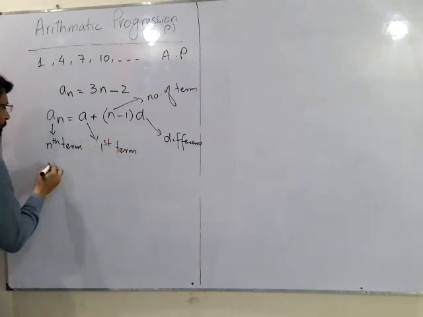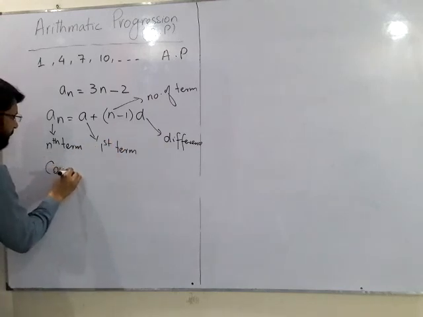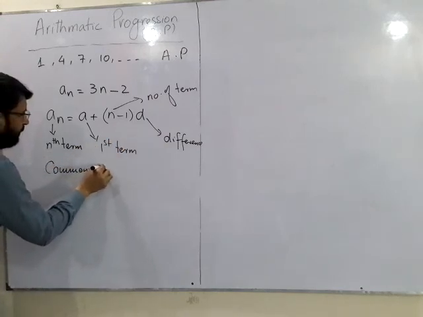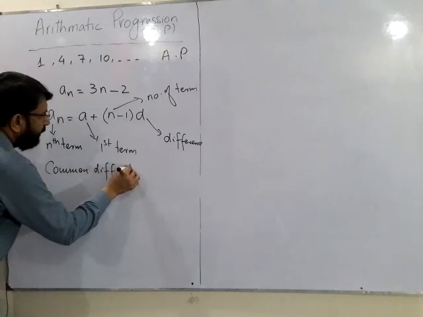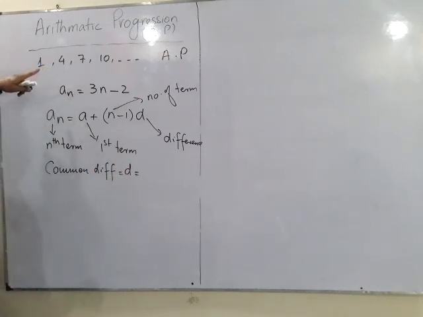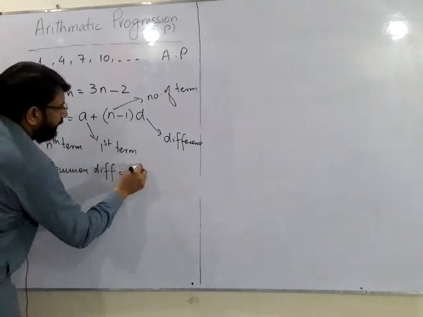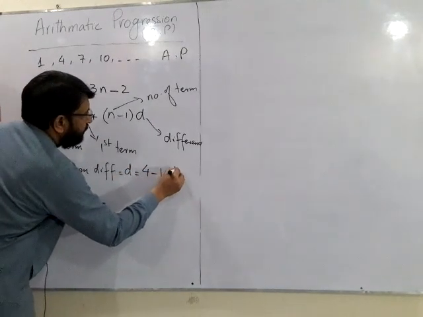We name it the common difference, d. And how do we find it? Second minus first, third minus second, fourth minus third. That means the difference of the consecutive terms. Here it is 4 minus 1 equals 3.